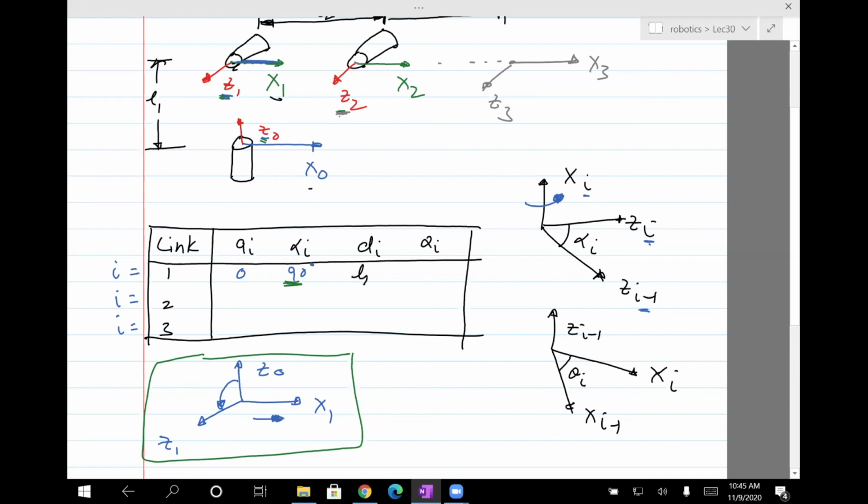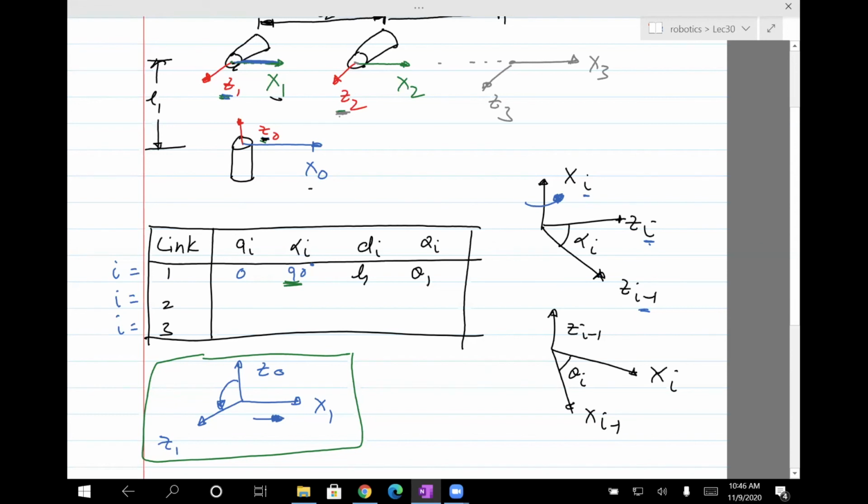So I put that down there. And then finally, the angle between x0 and x1 along z0. Since this is a revolute joint, that angle is going to be theta 1. Right now it is 0, but when the axis rotates, it's going to be theta 1. So that fills the first line.